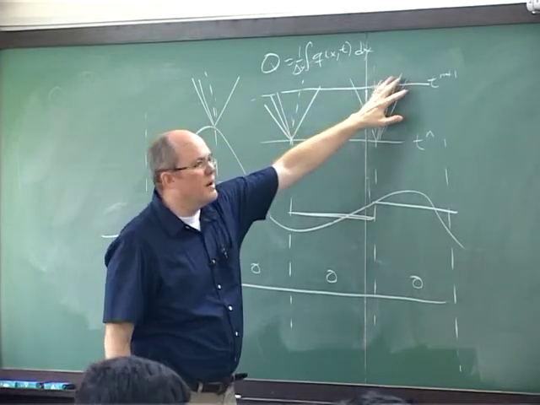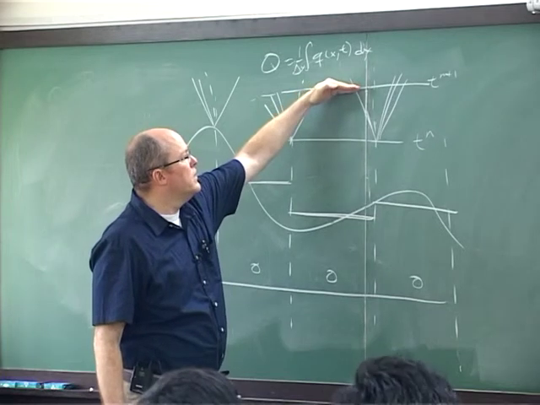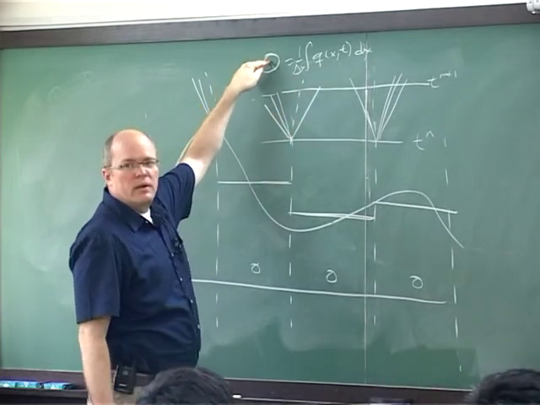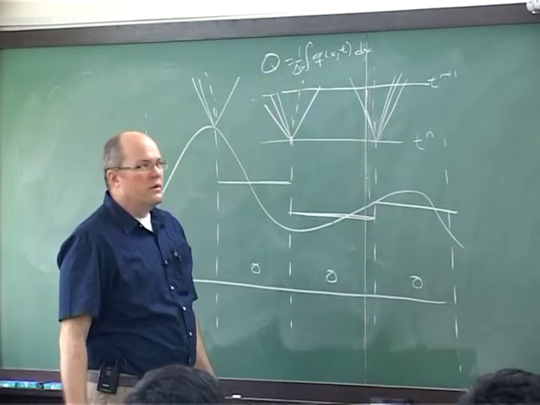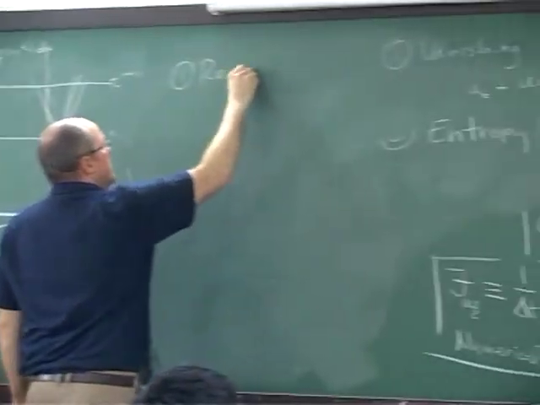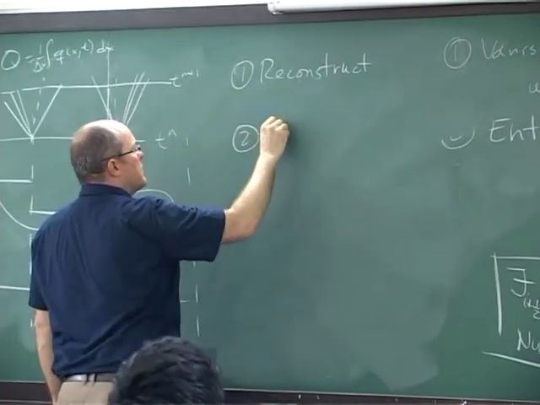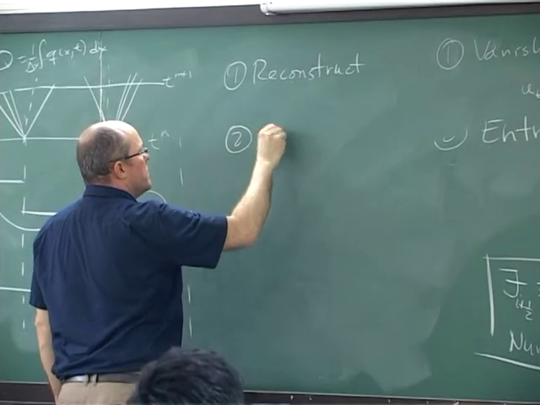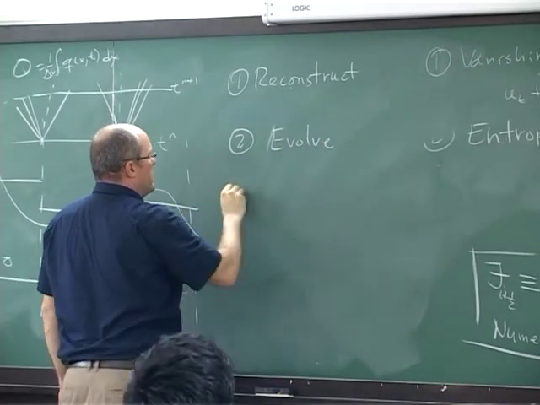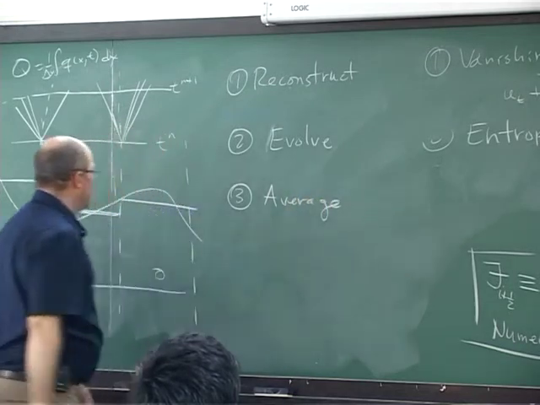Average the complicated Riemann solution out, and that gives me a new value for the average q at the new time. Okay? So his algorithm in 3 steps is, we write it as reconstruct, evolve, and finally average out.